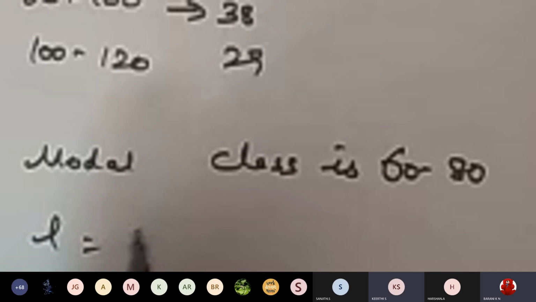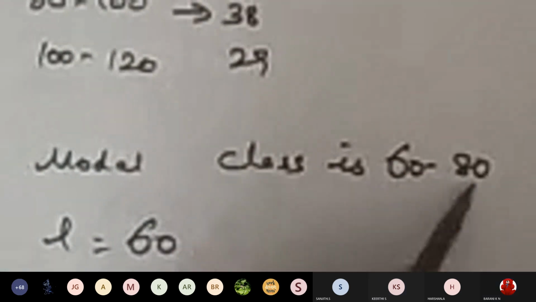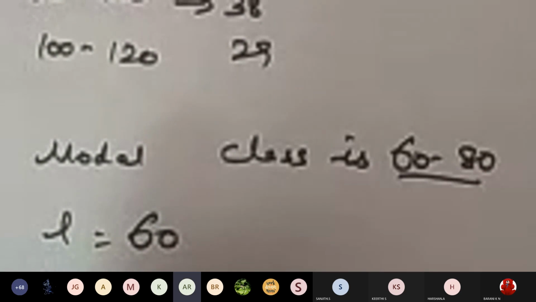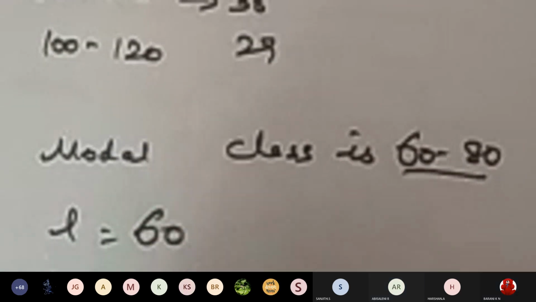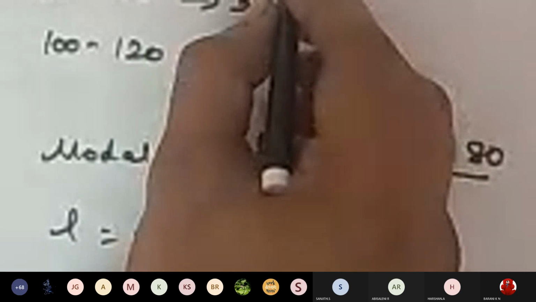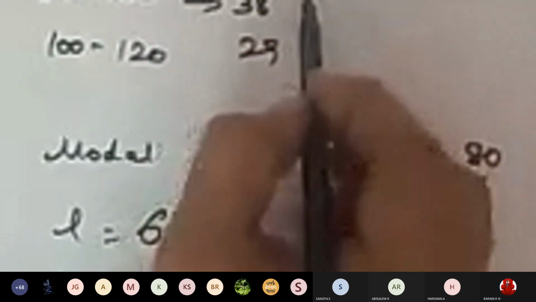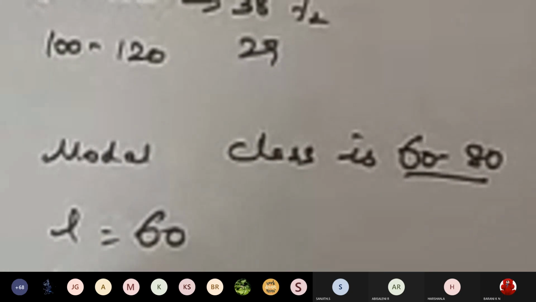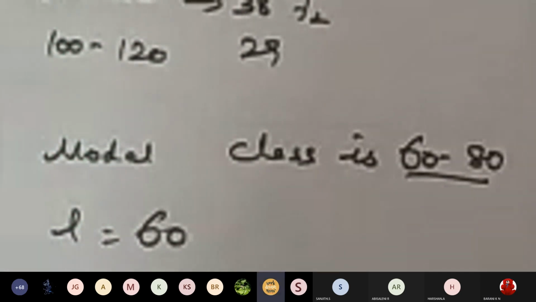L is 60. H, the class size, is 20. The frequency of the modal class is 61. Taking the preceding and succeeding: F0, F1, F2 are 52, 61, 38. Substitute in the formula and find the answer. Is it clear? Yes, sir.